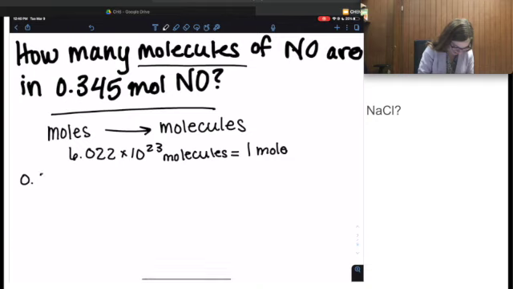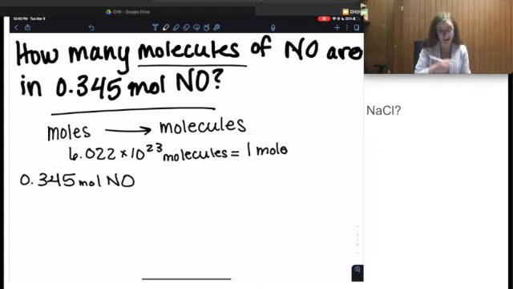So it tells me I have 0.345 moles of NO, nitrogen monoxide. So this is nitrogen monoxide. So I have 0.345 moles of nitrogen monoxide. And then from here, I want to be able to convert from moles to number of molecules.